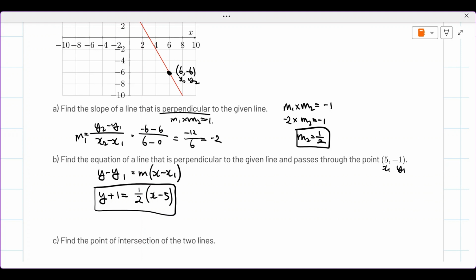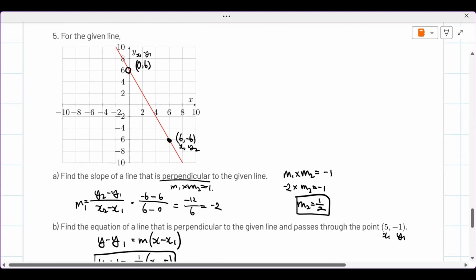If I want to sketch a graph of this, which is not an important part, you can plot a point at (5, -1), which is going to be about this location, and the slope is 1 over 2. And it's perpendicular.